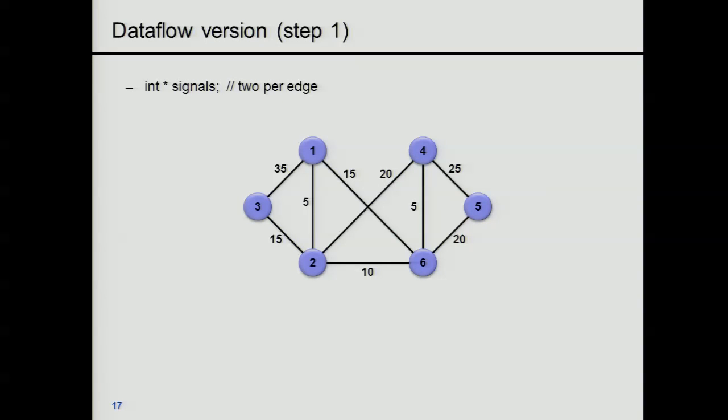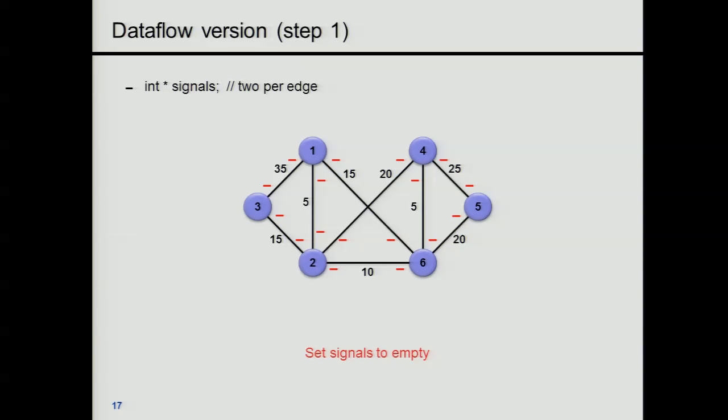There are 2 signals per edge, and we set the signals to empty. So basically, I create an array which is 2 times e, where e is the number of edges, and I set all those elements to empty.